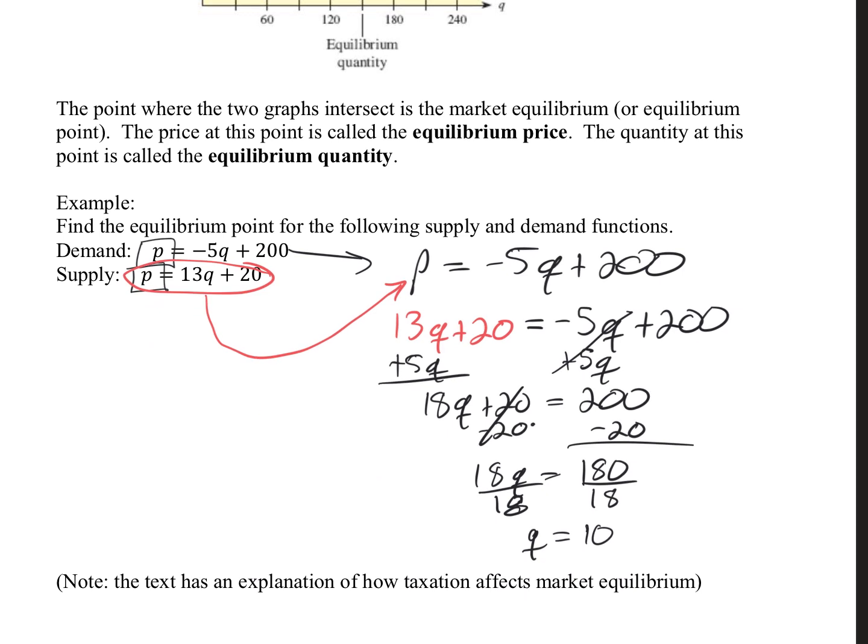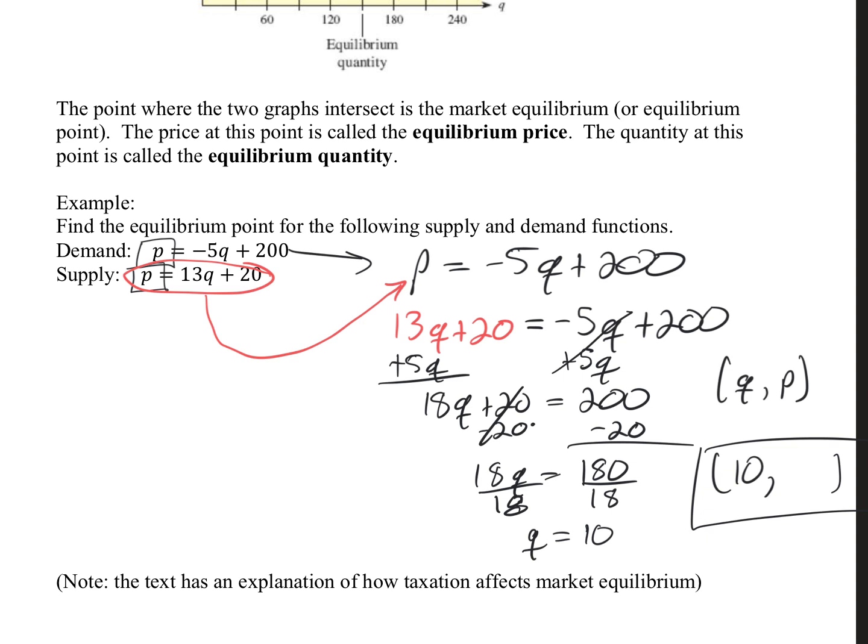So then q takes the place of x, and p takes the place of y. So q is in place of x, p is in place of y. We've just found that q is equal to 10, so I'm going to call this 10 comma something, and we need to figure out what the p value is.